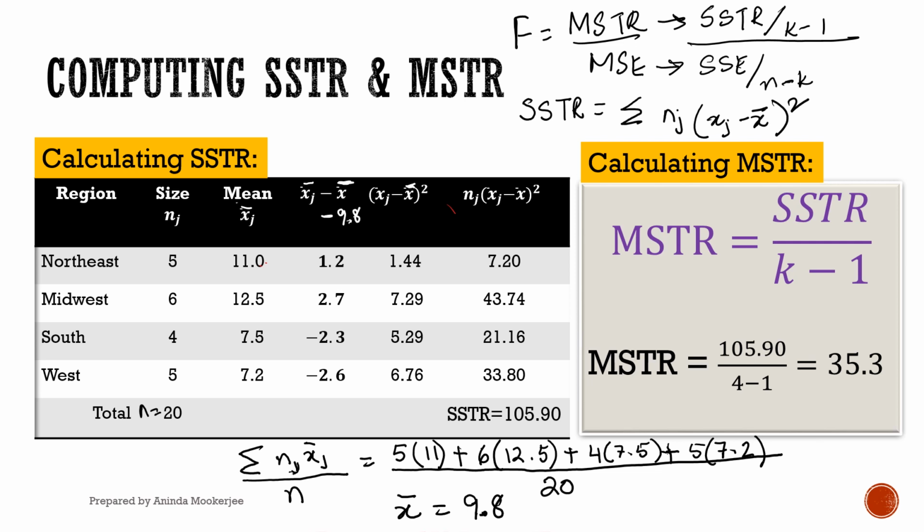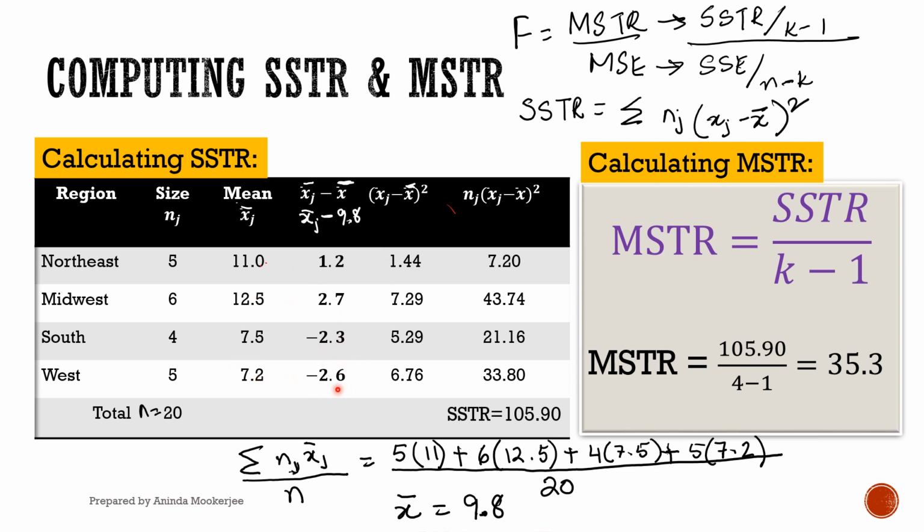So we have to take our individual x sub j bar values. In the first case, for Northeast, it's 11 minus 9.8, which gives us 1.2. Then 12.5 minus 9.8 is 2.7. 7.5 minus 9.8 is minus 2.3.